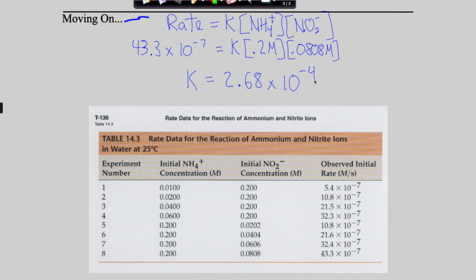So this is molarity per second, and then we've got molarities on the other side. This molarity cancels with this molarity, so we killed a molarity. But this molarity remains as a unit. And then guys, the seconds are in the denominator, but when we solve, where do they end up? In the numerator.